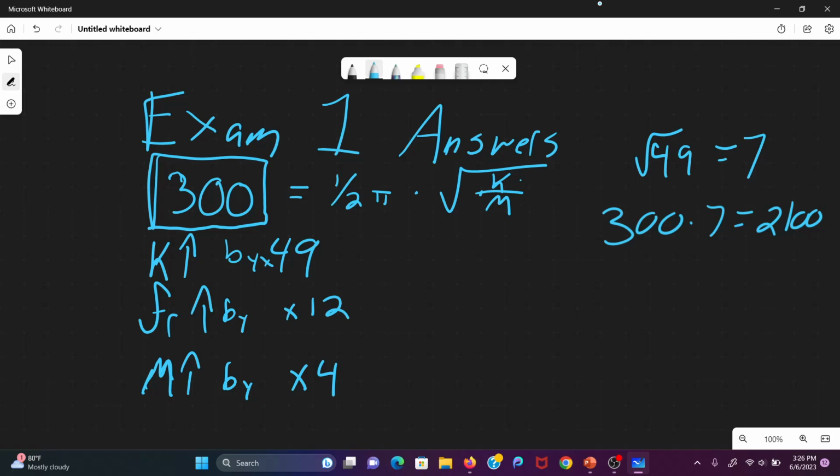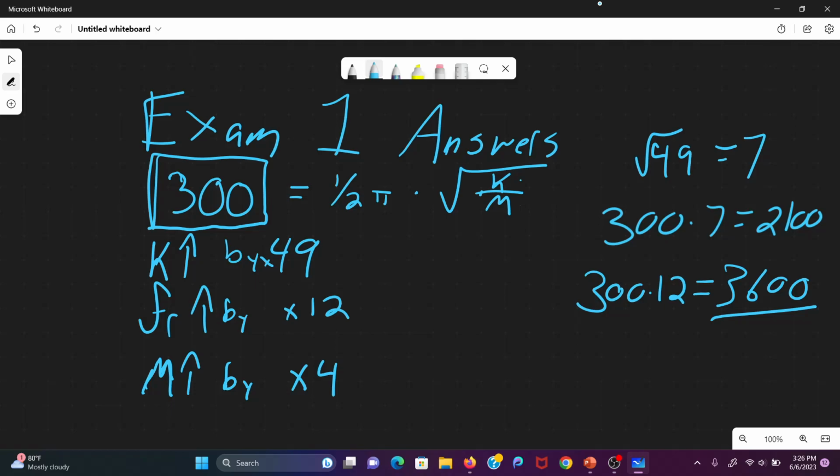Well, that's resonant frequency right there. 300 is resonant frequency. So what you have to do is 300 times 12 equals 3,600. That's the answer for that one. It's very simple. I think if you got it wrong, you're making it harder than it needed to be.